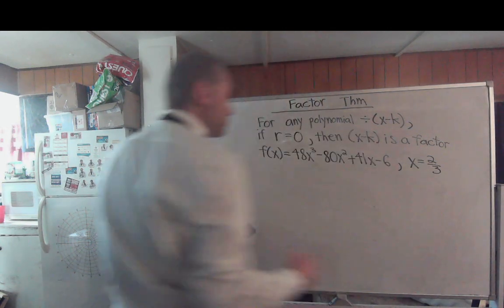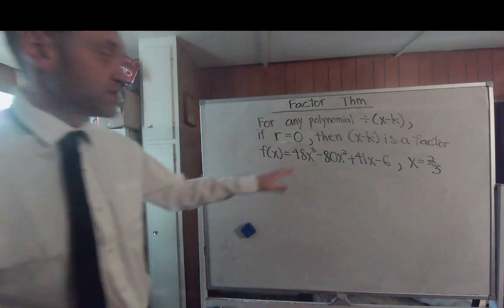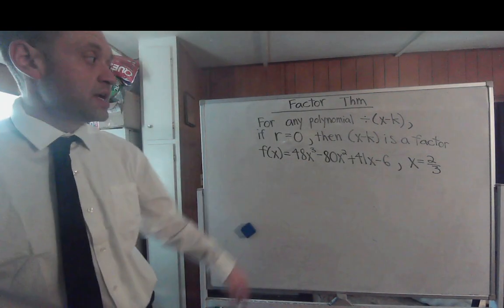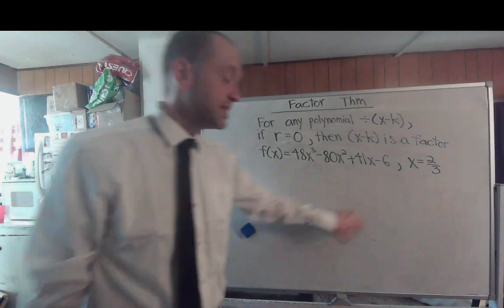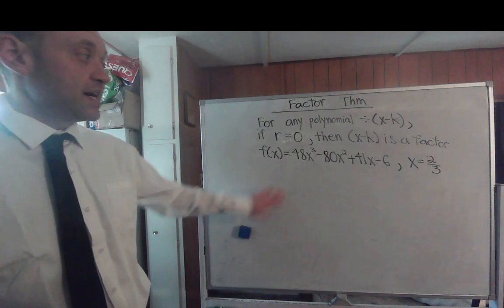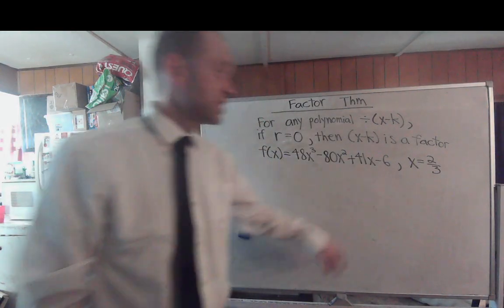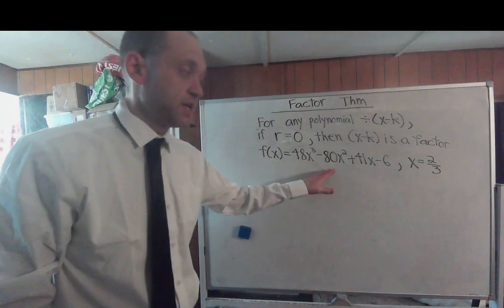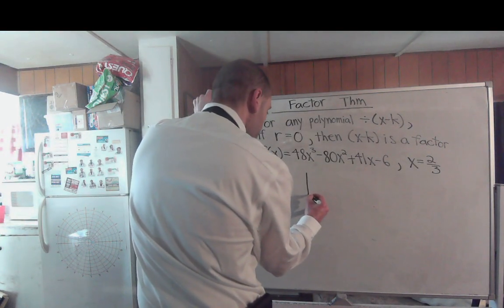So now they really pulled the rug out from under us. So we got to take f of x equals that 48x to the third minus 80x squared plus 41x minus 6. We have to divide this polynomial by x equals 2/3 and come up with a factor for this. So let's go ahead and start the synthetic division process.